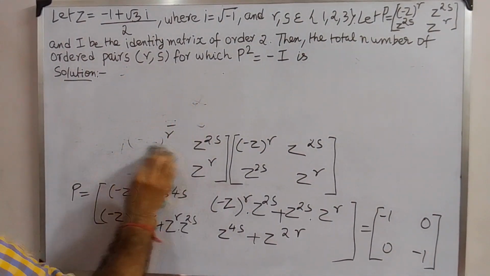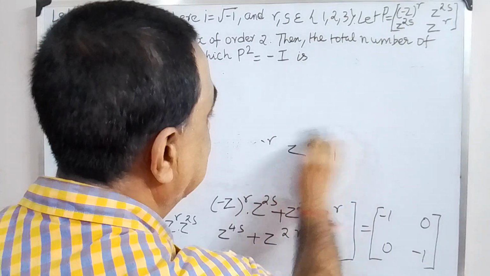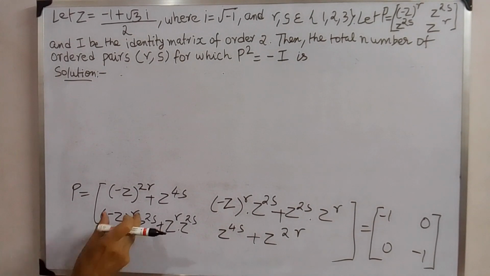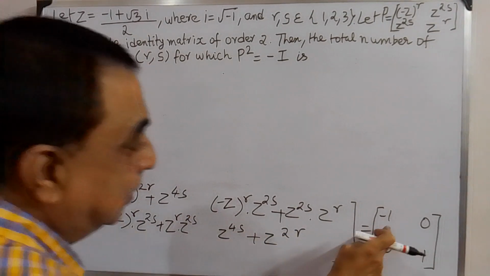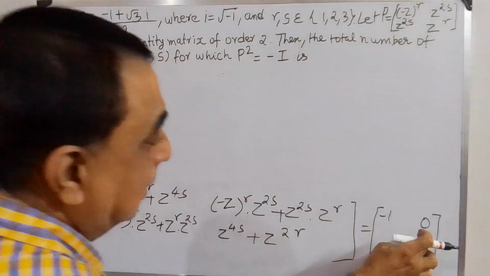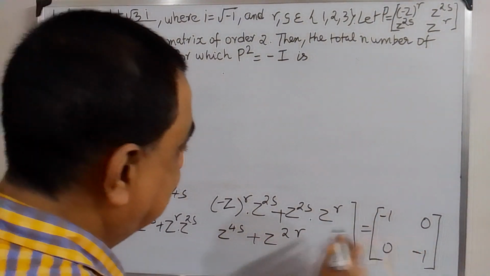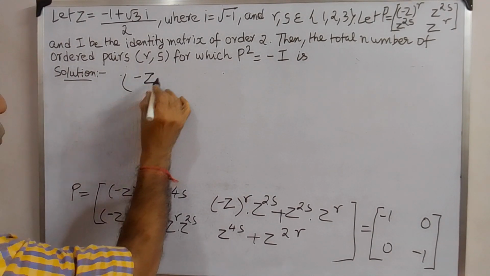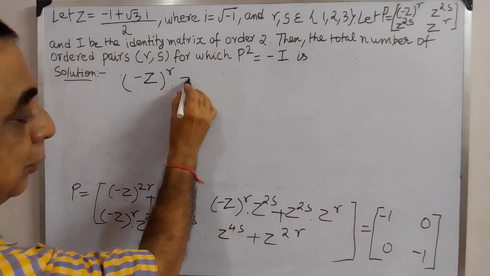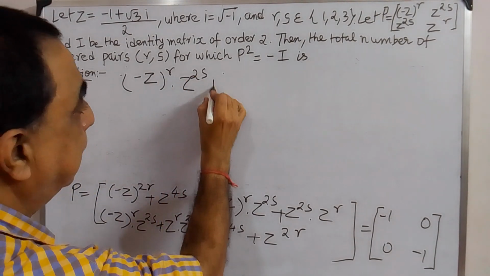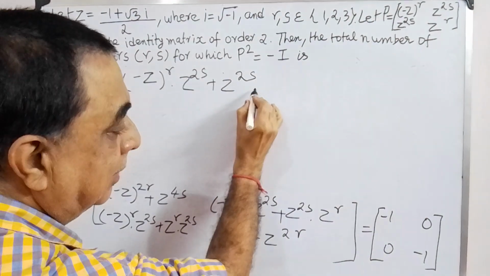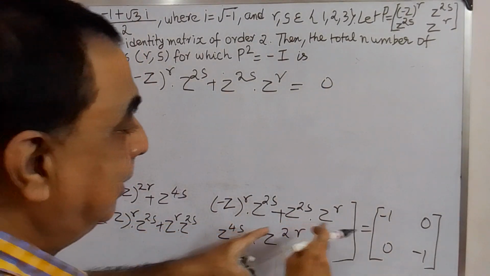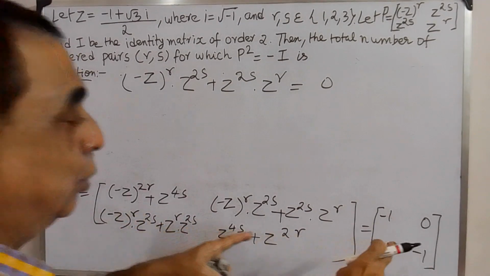So now we are equating the elements of the corresponding places, so they will be equal, right? So we will have this element equal to minus 1 and this equal to 0. First, let us equate with 0. So this is minus z to the power r into z to the power 2s plus z to the power 2s into z to the power r equals 0. And this element equals minus 1.